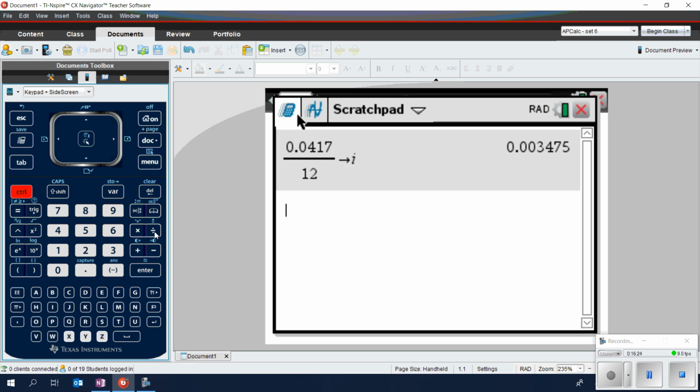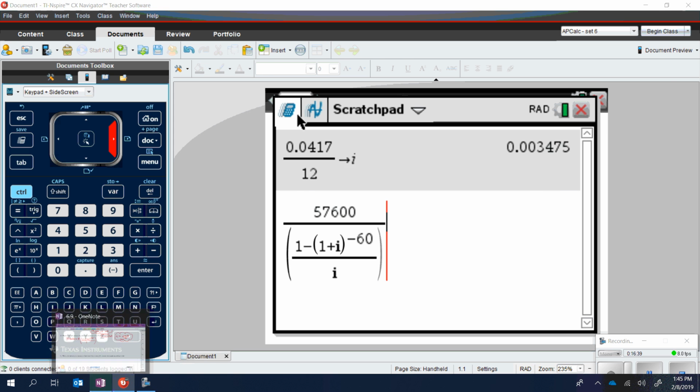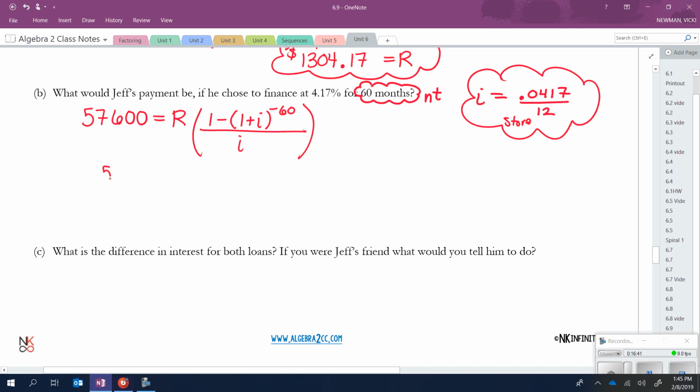So 57,600 divided by all of the stuff. 1 minus 1 plus I to the negative 60 over I equals R.